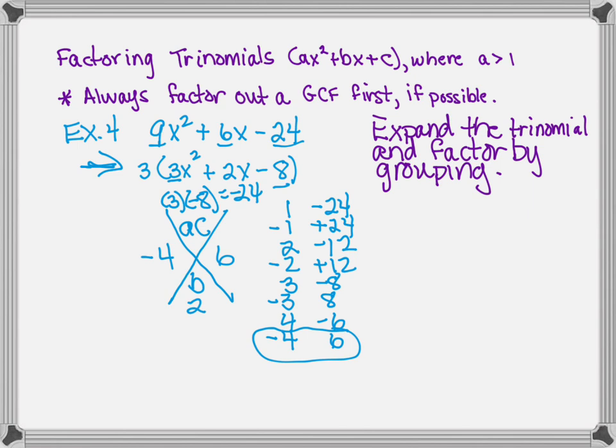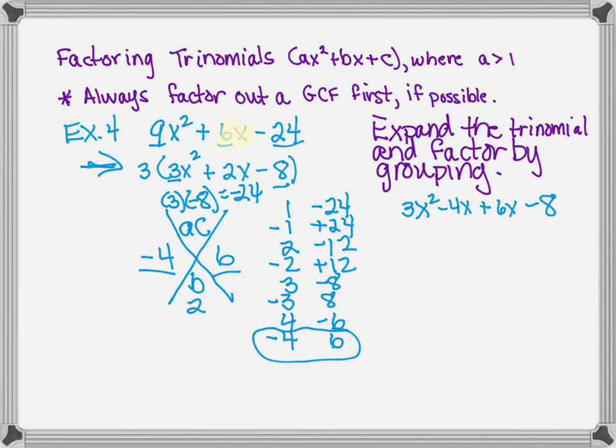We'll come back to that 3 we factored out at the end. So I'm going to take the 3x squared, that stays the same, the negative 8, that will stay the same, but instead of the 2x, I'm going to use the negative 4 and the 6 and write negative 4x plus 6x. I could write those in either order. The final result will be the same.